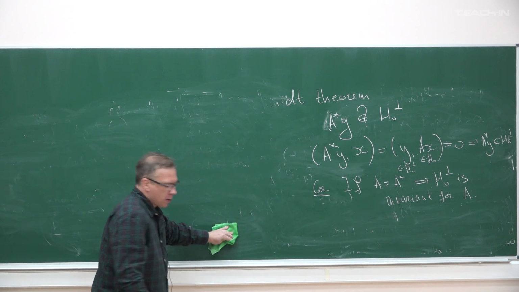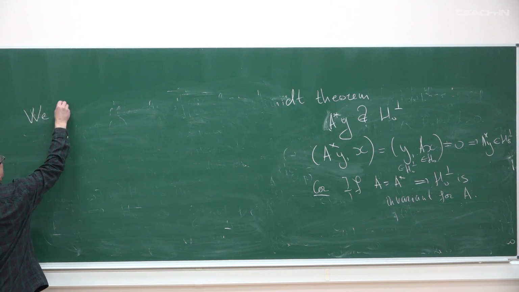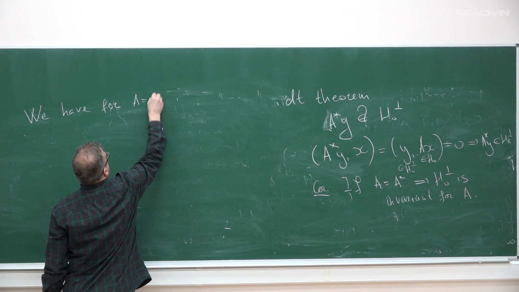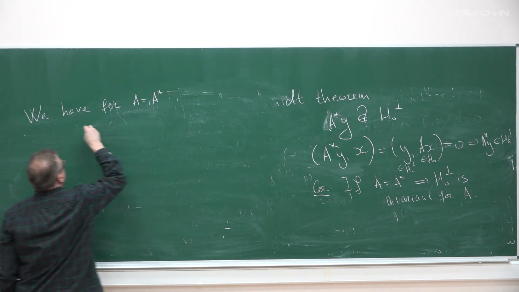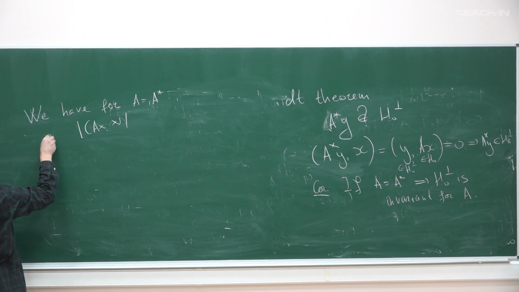Just lemma 2. But before lemma 2, I want to remind you: for a self-adjoint operator, what gives us the supremum of the quadratic form on the unit sphere? The norm.